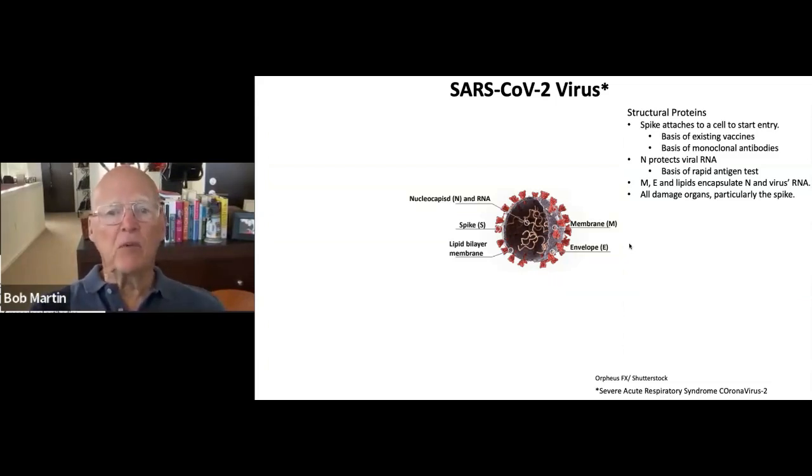Then the N protein, that's in the center and it's wrapping the viral RNA up. It's the basis of the rapid antigen test. The M and the E just wrap things up and all damage organs directly.